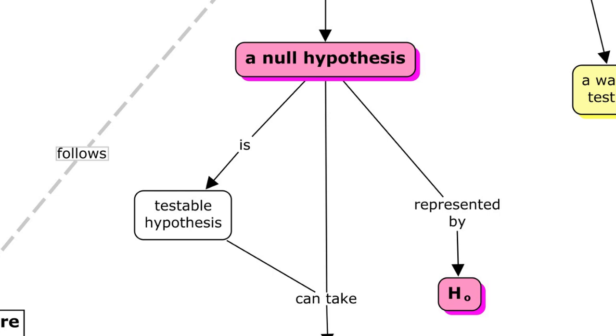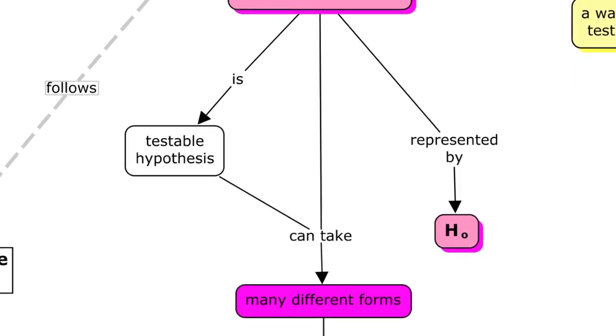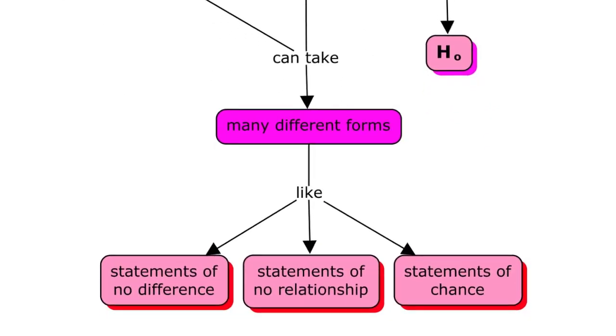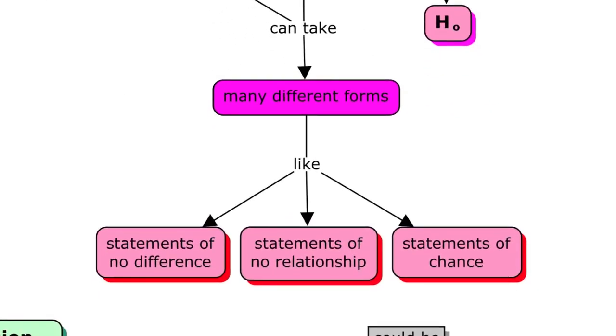The null hypothesis is a testable hypothesis, and it may be read or understood as taking a number of different forms. That is, we can read a null hypothesis as being a statement of no difference between a sample and a population. It could also be read as a statement of no relationship, or a statement of chance.